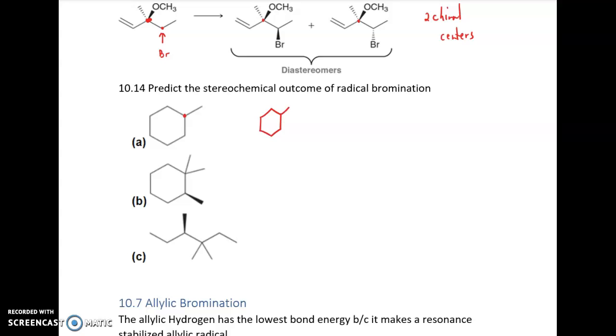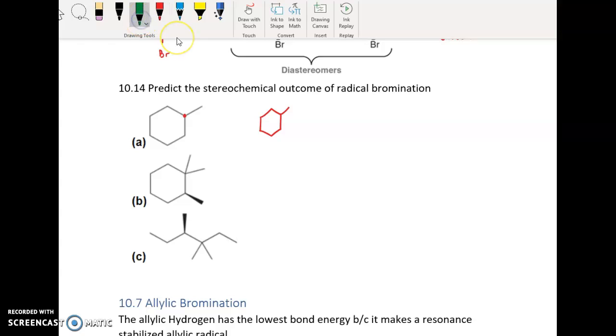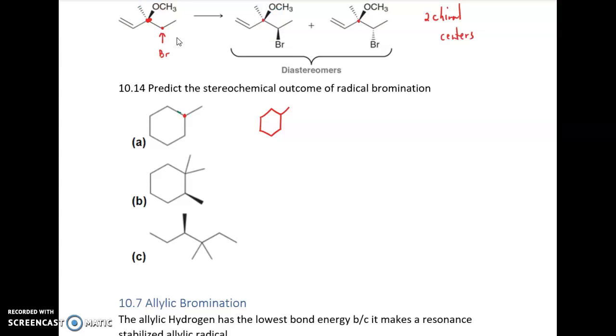Now the question we want to ask ourselves, have we made a new chiral center? And we actually have not, because we are the same going this way as this way. So those are identical, and so this is not a new chiral center, so we don't need to indicate any stereochemistry.